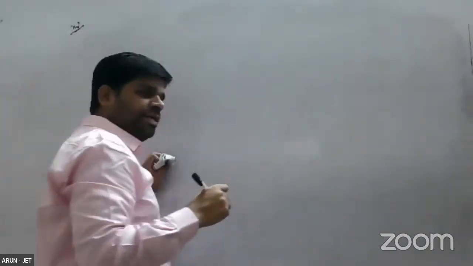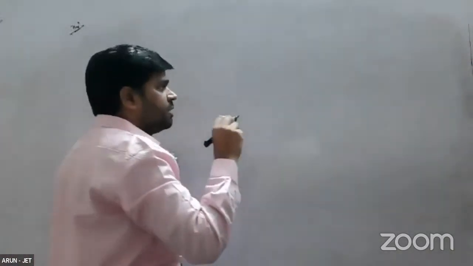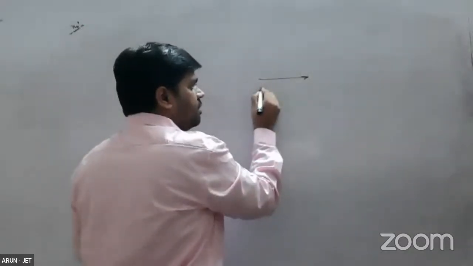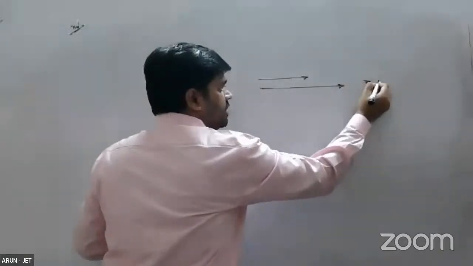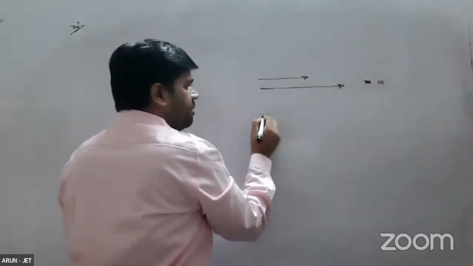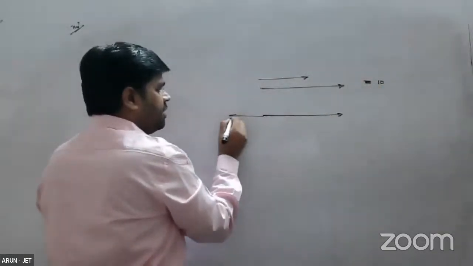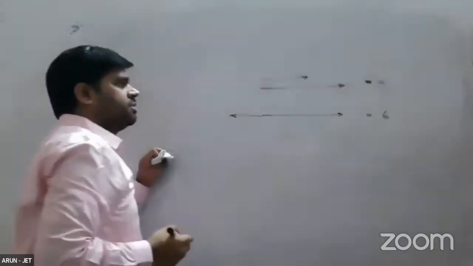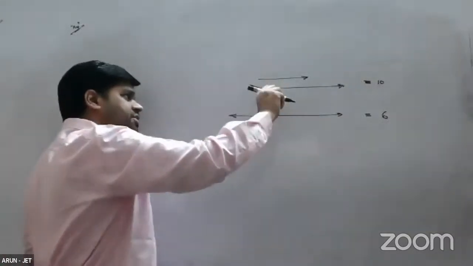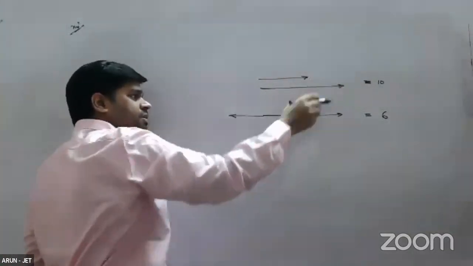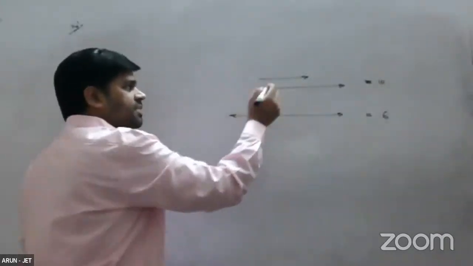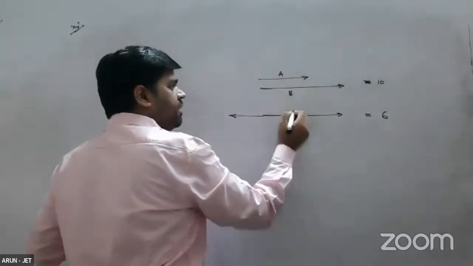I have to find the magnitudes of the vectors. They are such that their maximum sum is equal to 10 and minimum sum is 6. When is the sum minimum? When the vectors are opposite, anti-parallel. When they are parallel to each other, I'll get the maximum sum, which is 10. When they're anti-parallel to each other, I'll get minimum sum, which is 6. Given, I have to find out vectors A and B.